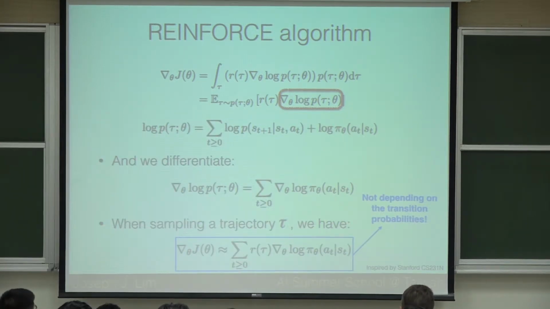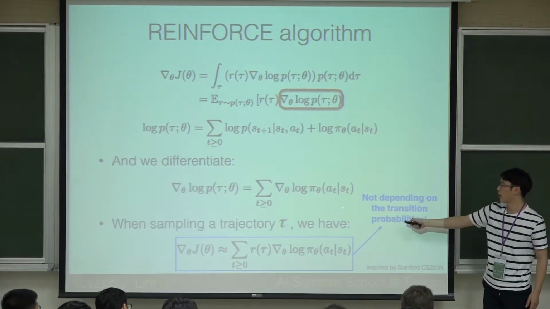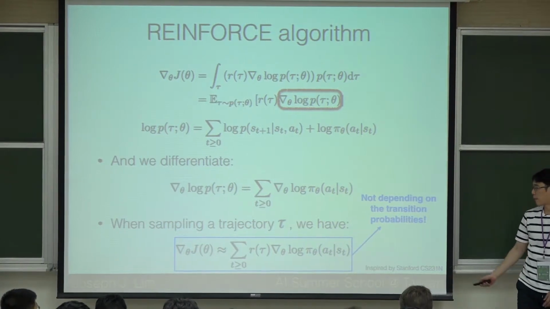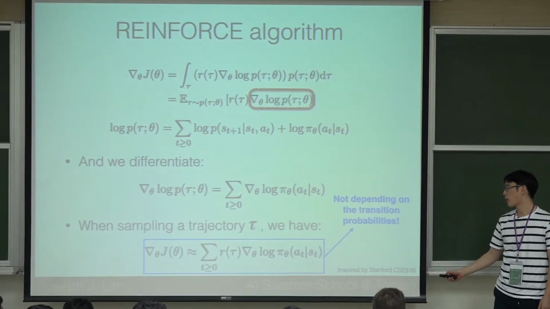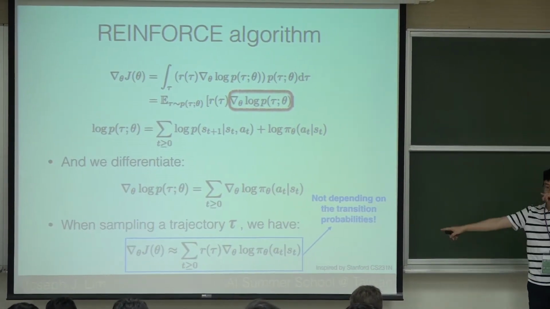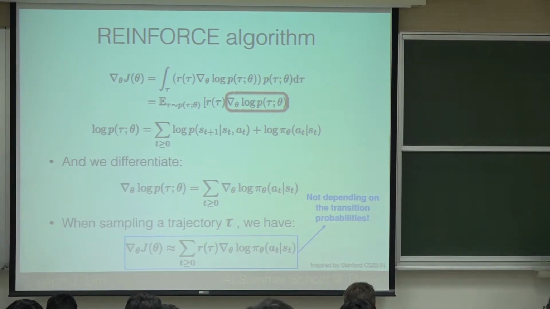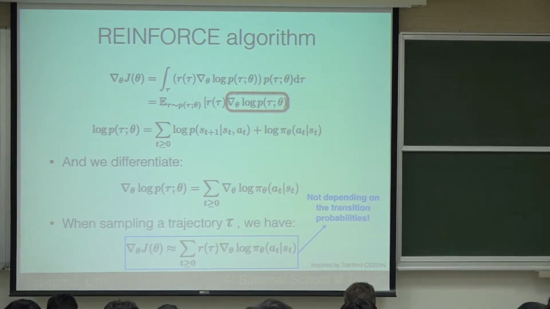Eventually we get this function, which does not depend on the transition probability anymore. All you have to remember is that with some algebra tricks, which you can read in a slide or the paper, you get to a final equation that does not depend on this transition probability, which is often unknown.